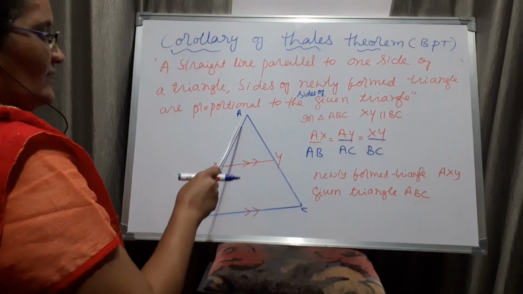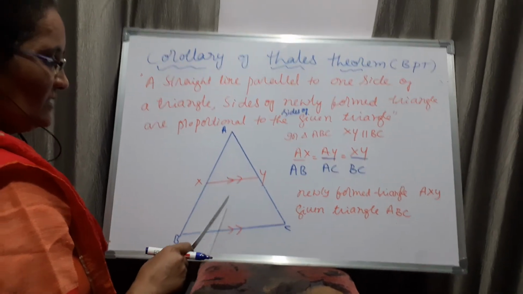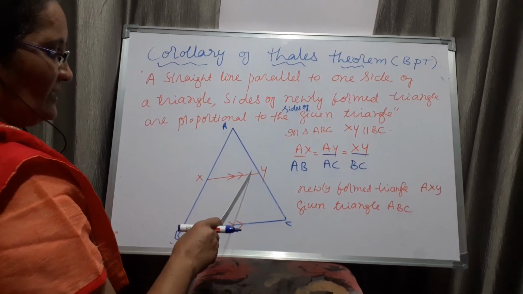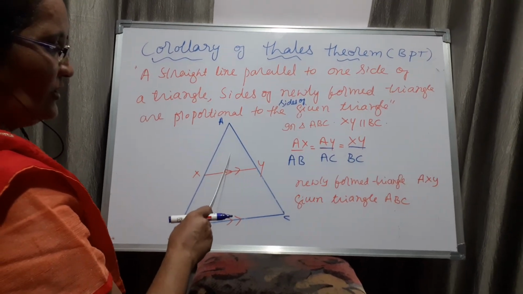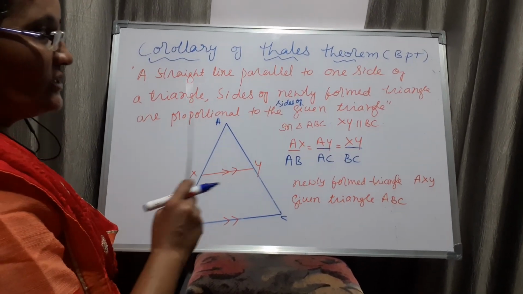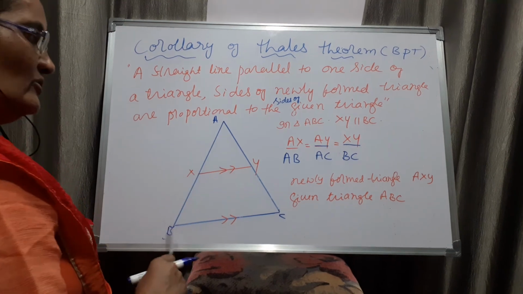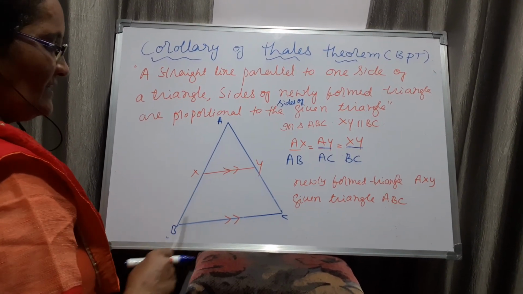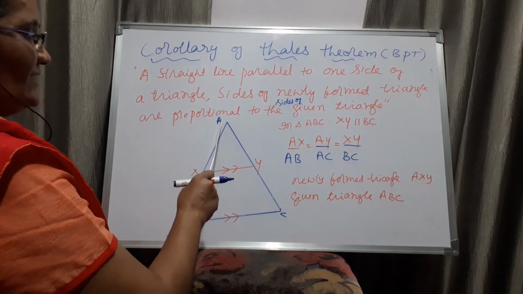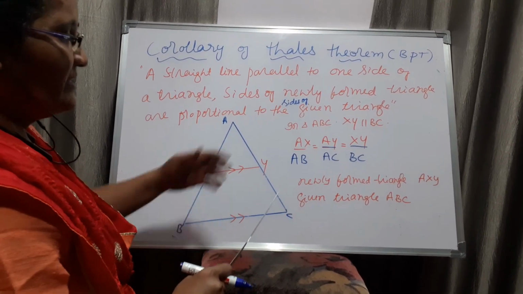See here, XY parallel to BC. If we draw XY parallel to BC, then we get one more triangle, AXY. It is called the newly formed triangle. ABC is the given triangle. AXY is the newly formed triangle.